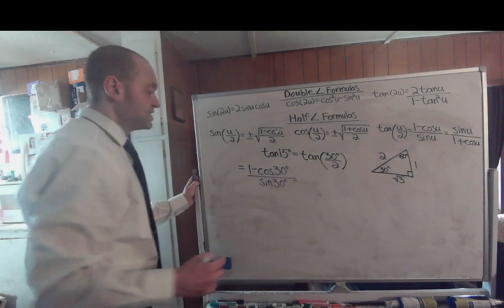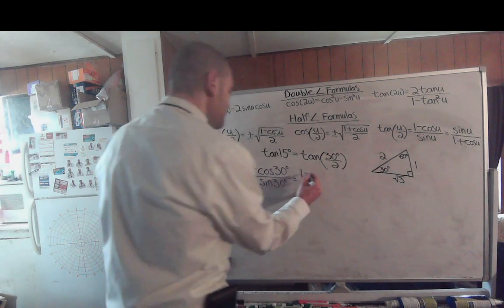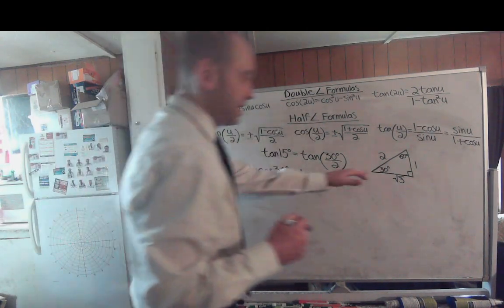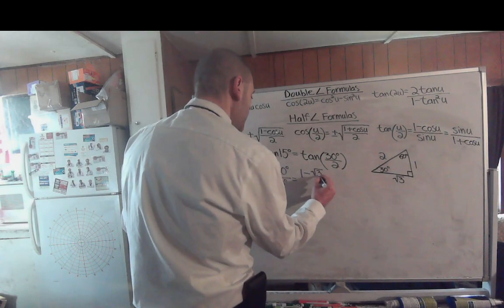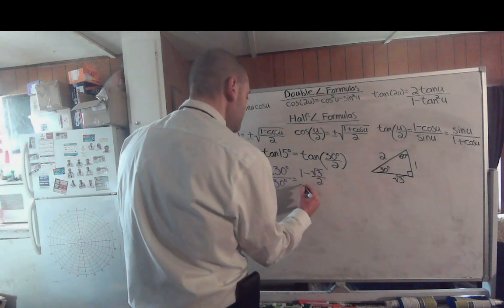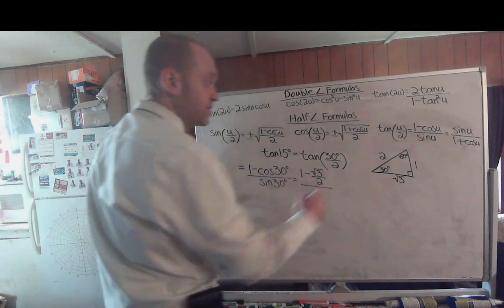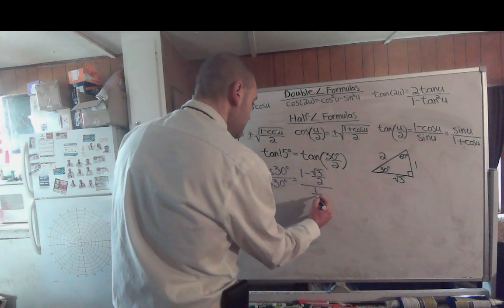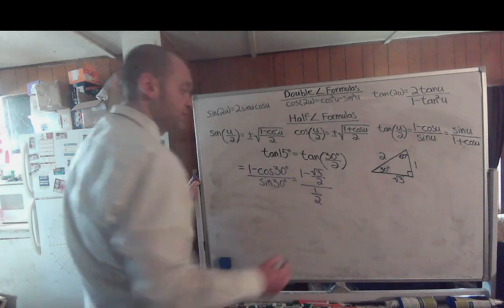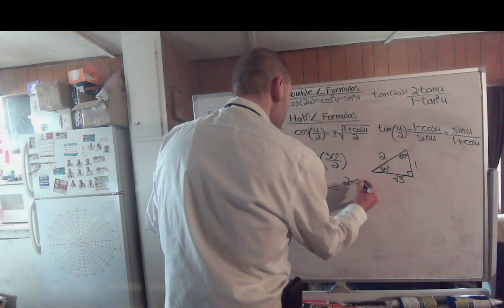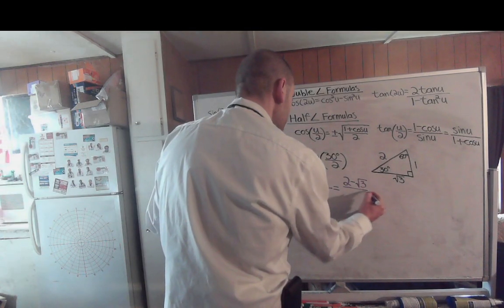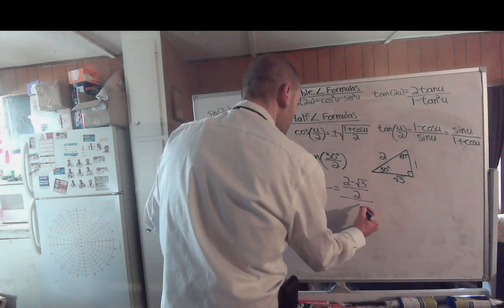Now, what is that cosine of 30? That's the square root of 3 over 2, right? So 1 minus the square root of 3 over 2 all over that sine of 30, which is 1/2. Let's simplify the numerator. You would get 2 minus the square root of 3 all over 2 all over 1/2.